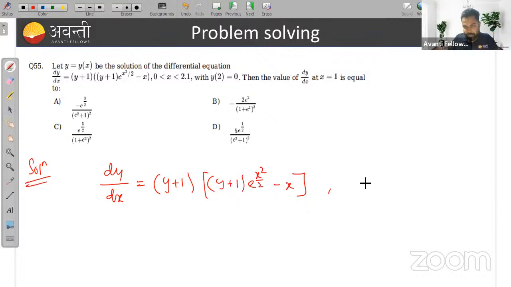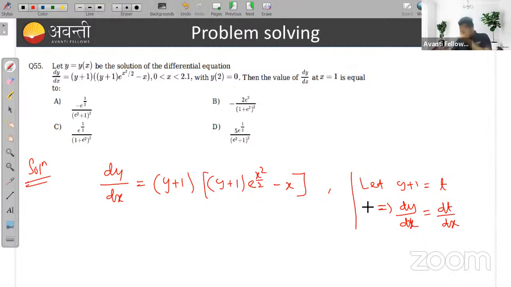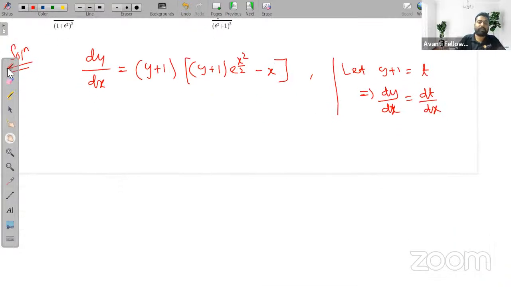To solve this equation, let's put y plus 1 is equal to t. So dy by dx is equal to dt upon dx. Just substitute this in the given equation and try to reduce it into a linear differential equation, then you can solve it. So if you substitute it, this becomes dt by dx is equal to t into e raised to x square by 2 minus x.